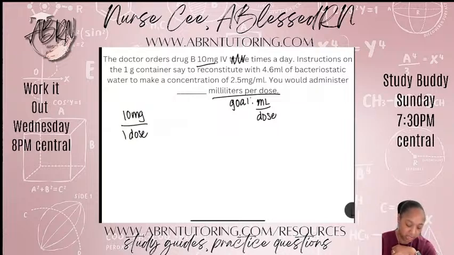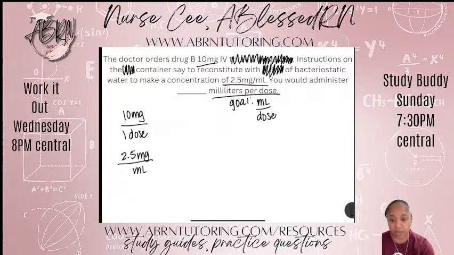Don't need the frequency because I need to figure out how many milliliters per dose. The instruction says 1 gram container, fluff. Reconstitute with fluff. And we got bingo, 2.5 milligrams per milliliter. Learn to get rid of that fluff.